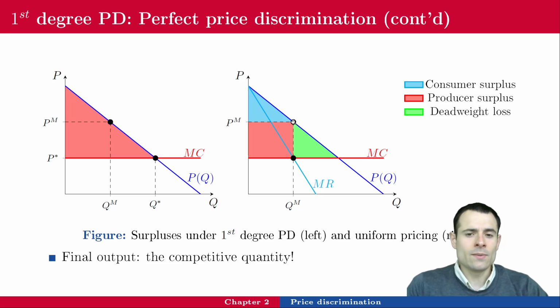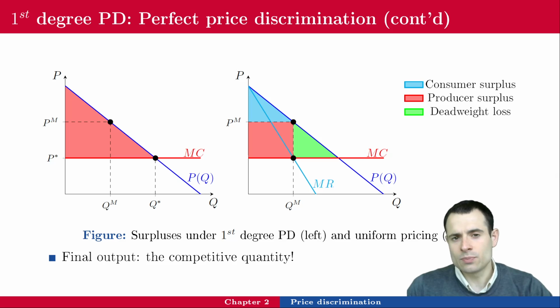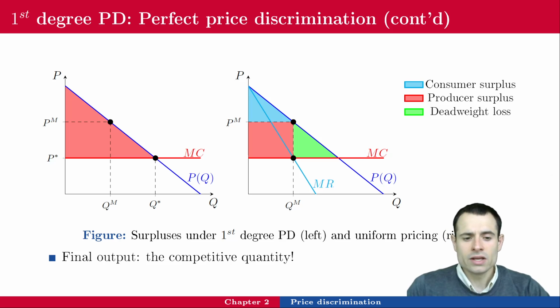If the firm is able to implement first-degree price discrimination, then it is going to charge a per unit price equal to the marginal cost, so that a consumer will consume the efficient quantity, Q star, and at that quantity, a consumer will experience that big triangle as a consumer surplus.